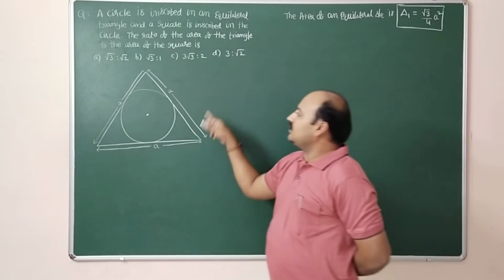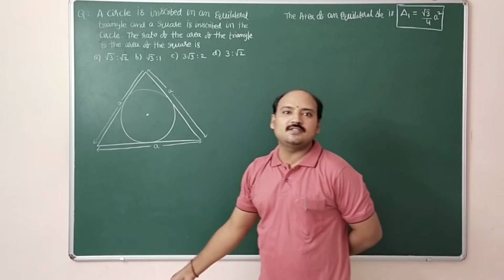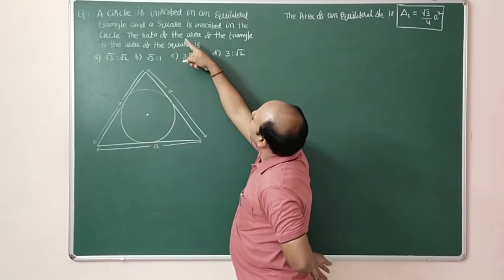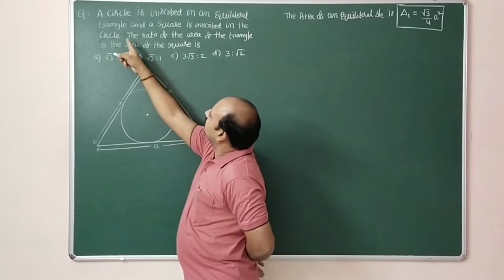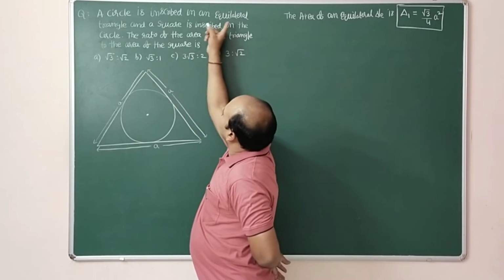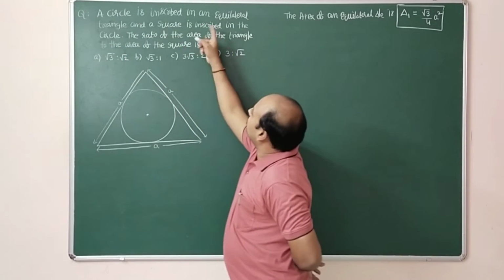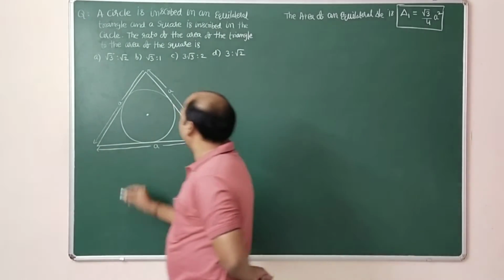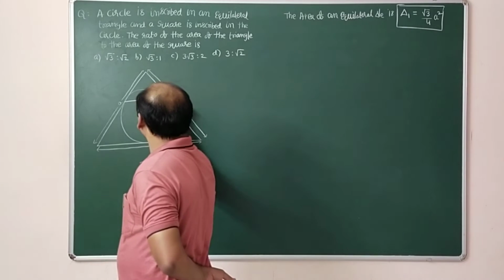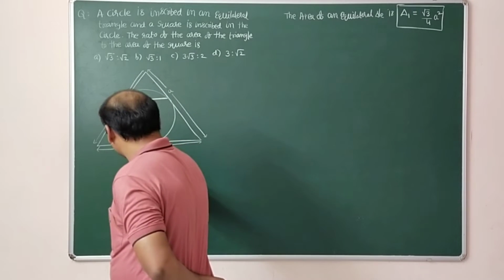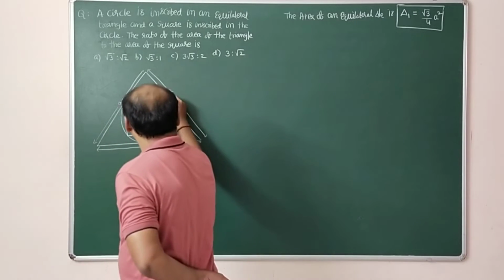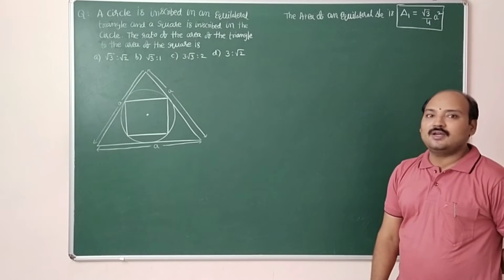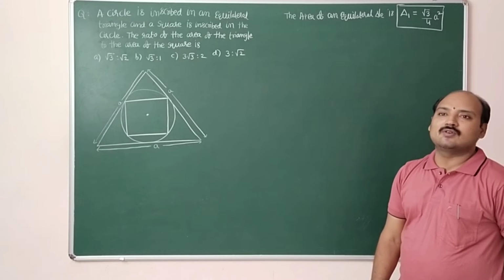A circle is inscribed in the triangle, whose radius we know. And also a square is inscribed in the circle. In the circle again one square. A square is inscribed in the circle.